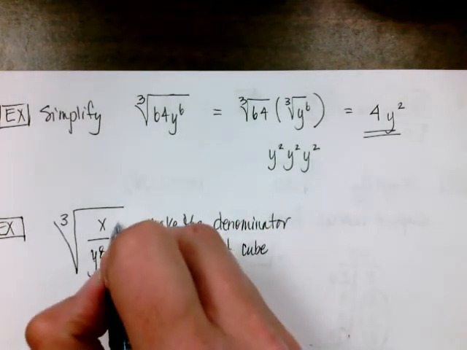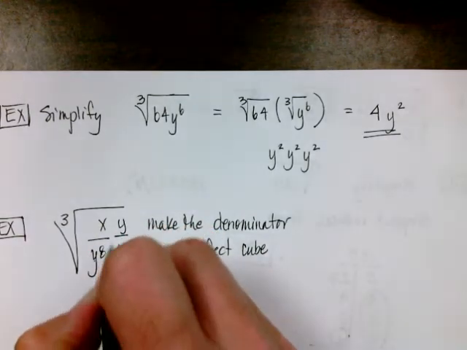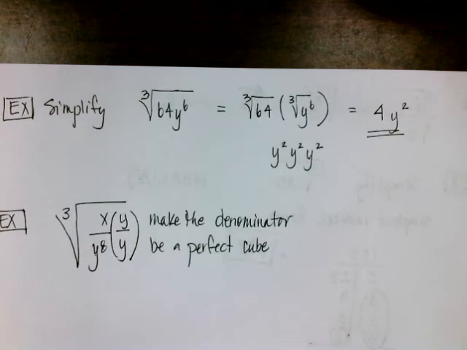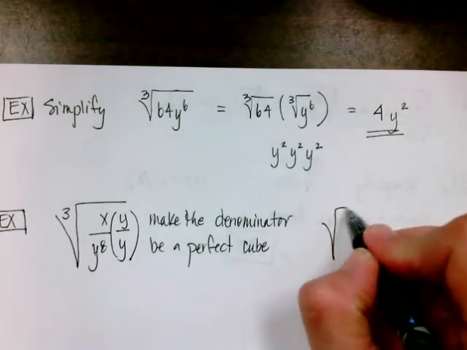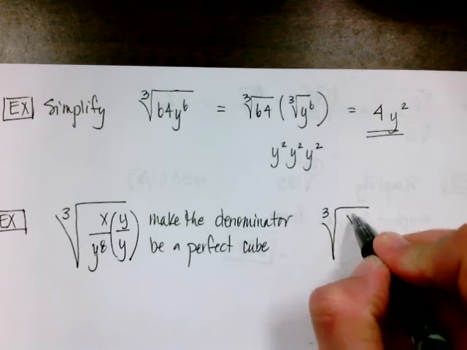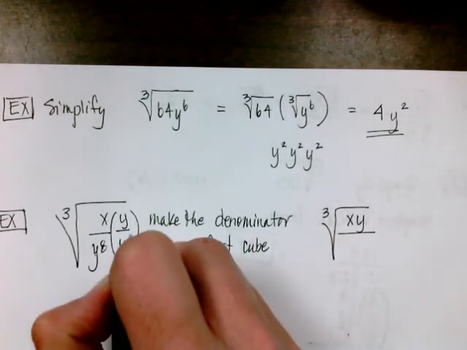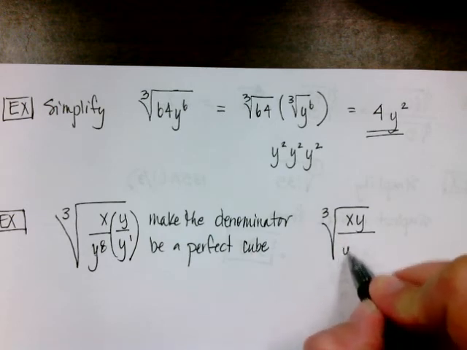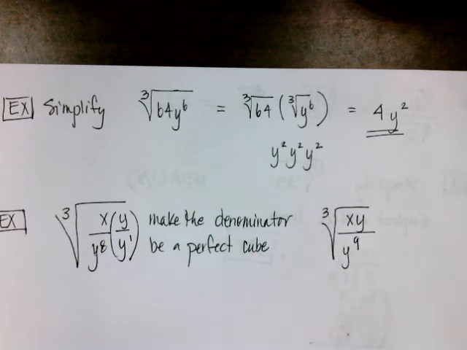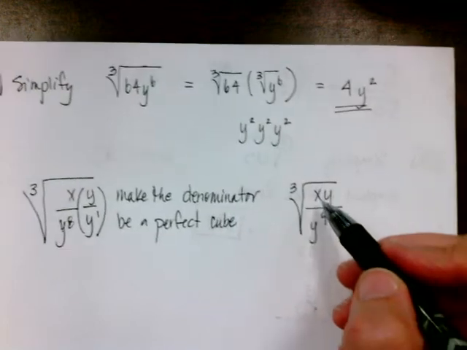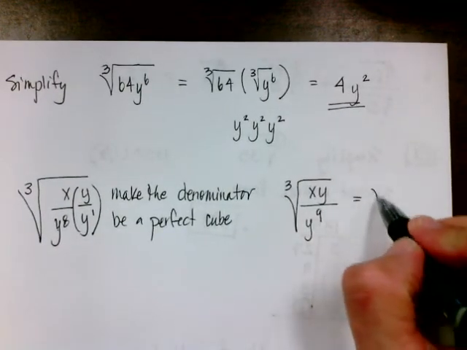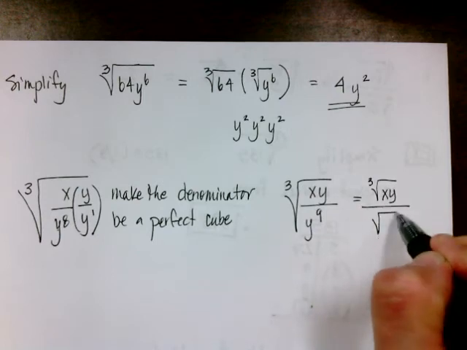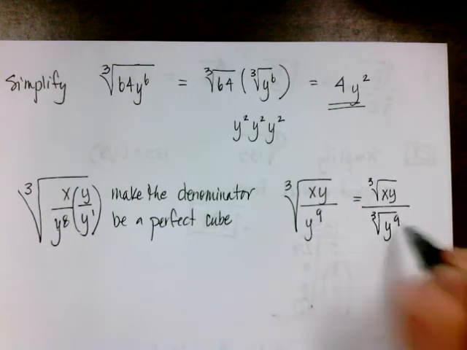So now I'm going to multiply by y over y. Remember, I can do the same thing as long as I do it to the top and the bottom. So now my expression becomes the third root, x times y. Remember that that exponent technically is 1, bases are the same, add, and I get y to the 9. Remember now, if I have a radical divided by a radical, I can split it up. So this is the third root of xy over the third root of y to the 9.